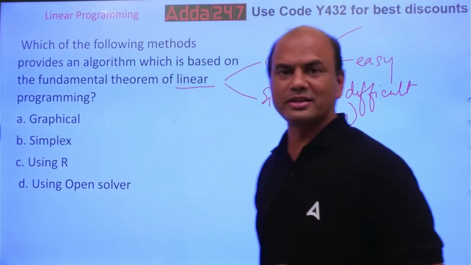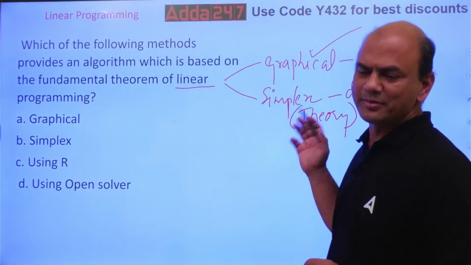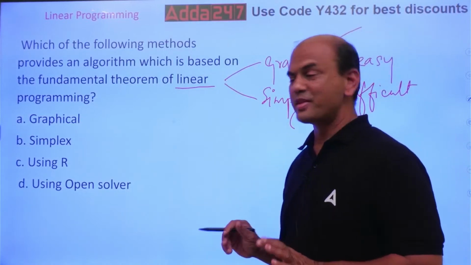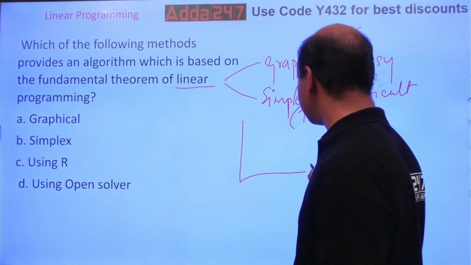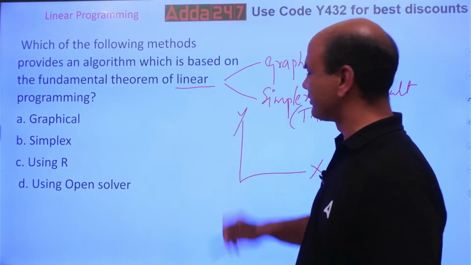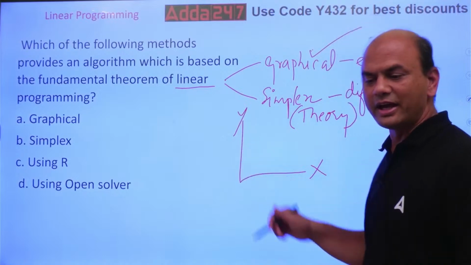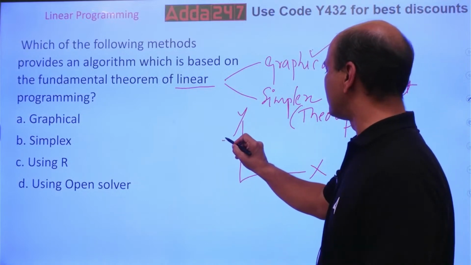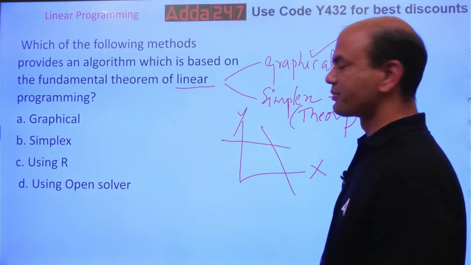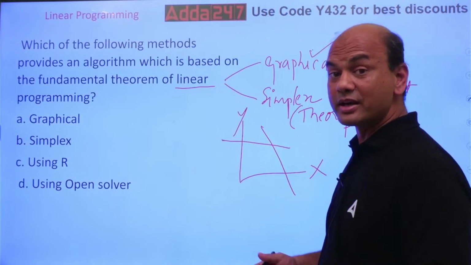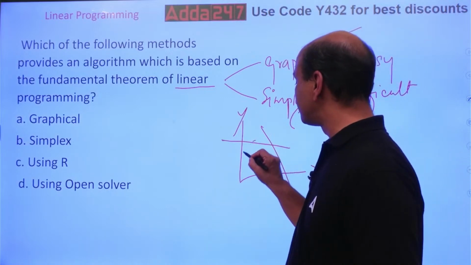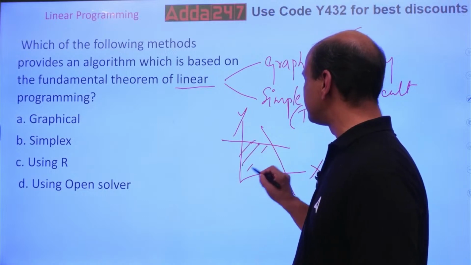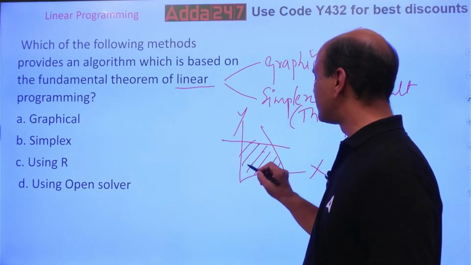What is the graphical method? Graphical means, see, the name itself, graph. There is an x-axis, there is a y-axis. We plot the points over here. All the constraints we plot. Whether it's less than or equal to, this is known as the feasible area or feasible region.